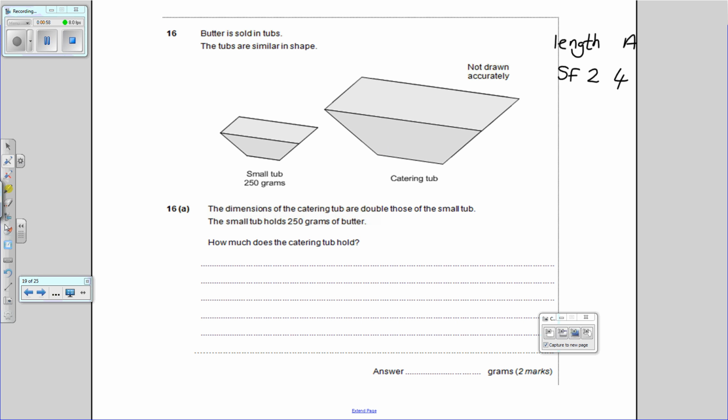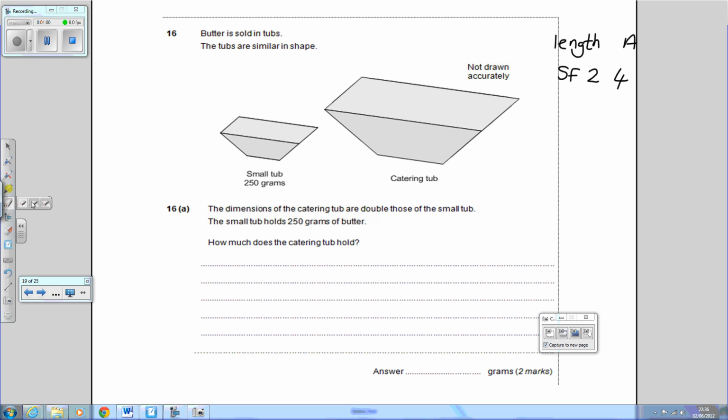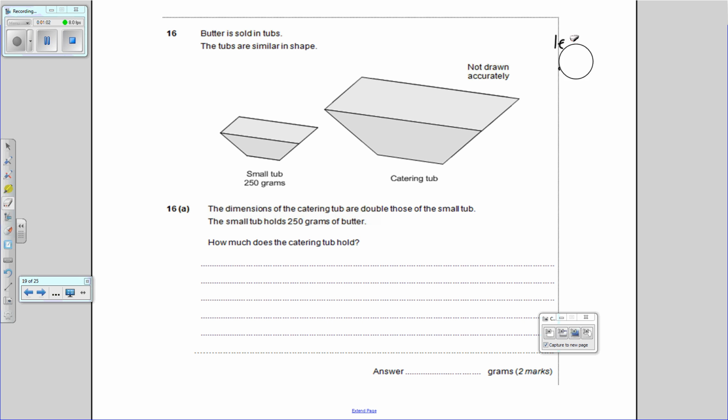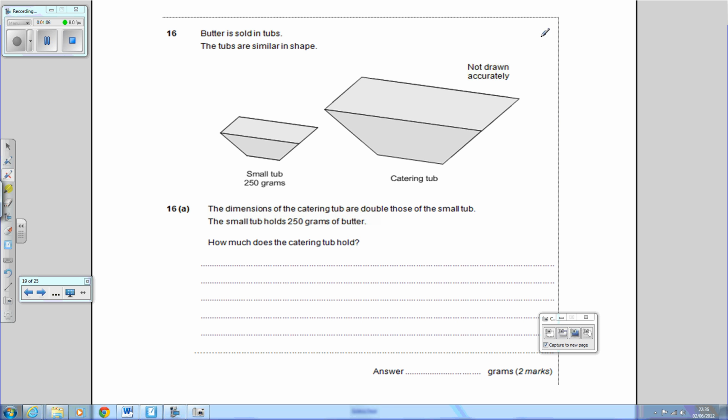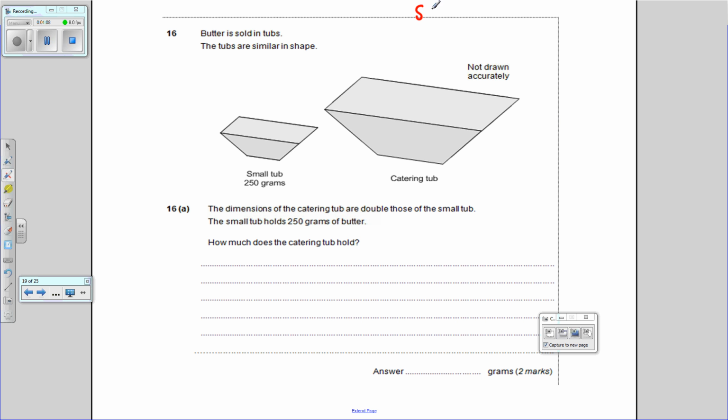Let's just get rid of this bit and write it somewhere else, in red as well. If the length scale factor is 2, the area gets multiplied by 2 squared, which is 4.